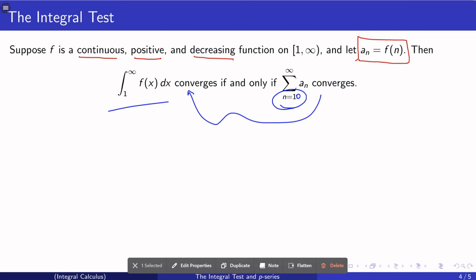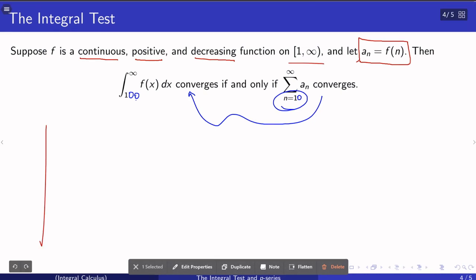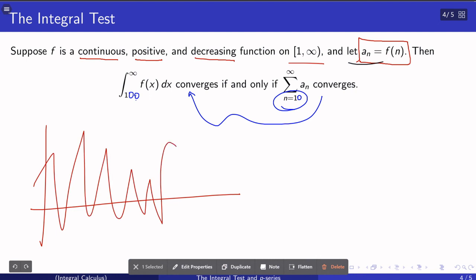You don't even have to start your improper integral at 1 by the same reasoning. I can use the improper integral starting from 100. And by that reasoning, your function doesn't even have to be decreasing throughout the whole interval from 1 to infinity. So as long as your function could be like that, but as long as it's eventually decreasing, then you can use the integral test.